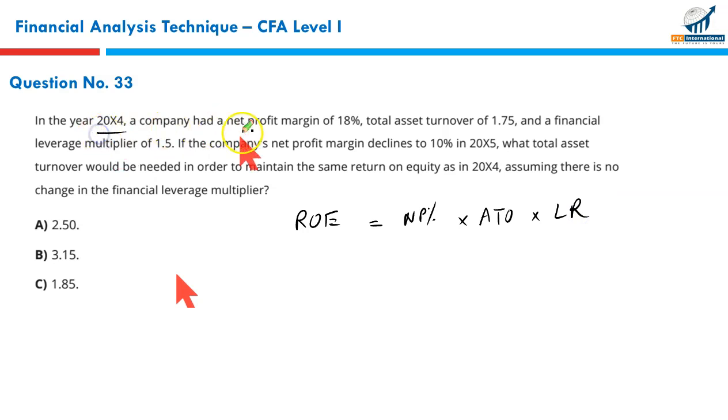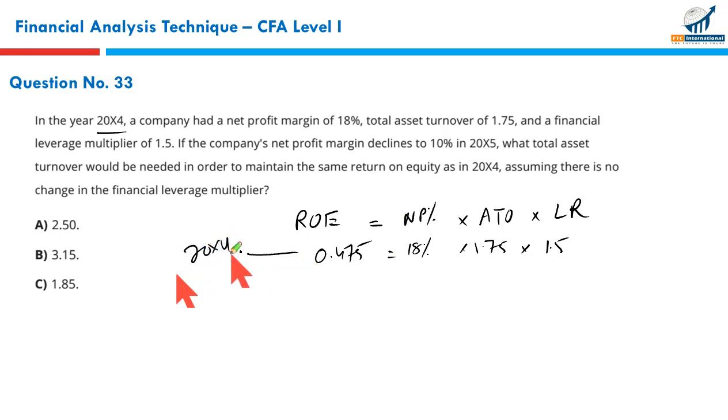So in 2004, the company had a net profit margin of 18%, assets turnover of 1.75, financial leverage of 1.5. Calculating these all gives us the return on equity. It's 0.475.